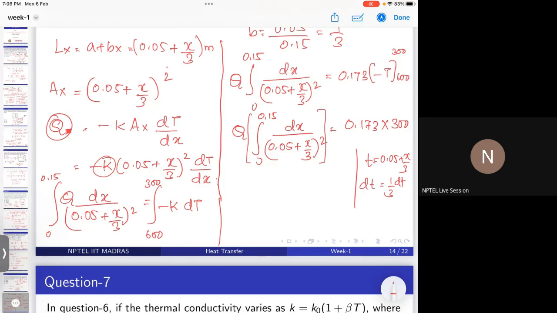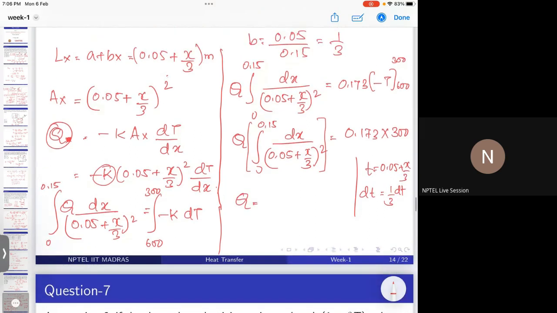and change the limits according to the t value. If you do this integration, if you have any doubt, I will do this integration at last, because we have to complete all the questions. So Q is equal to, you can try this integration, and if you have any doubt, you can ask in the next class.